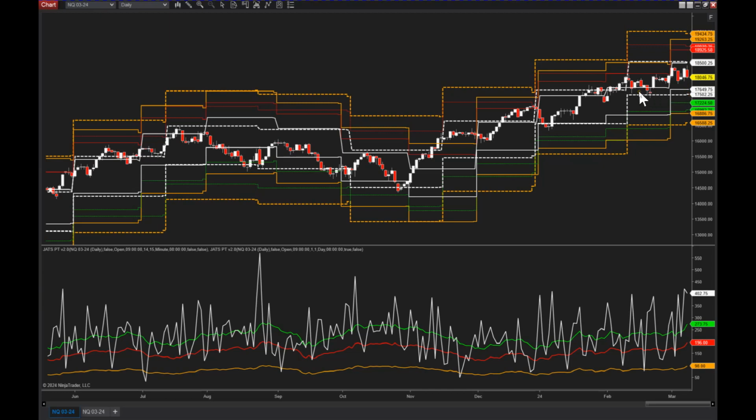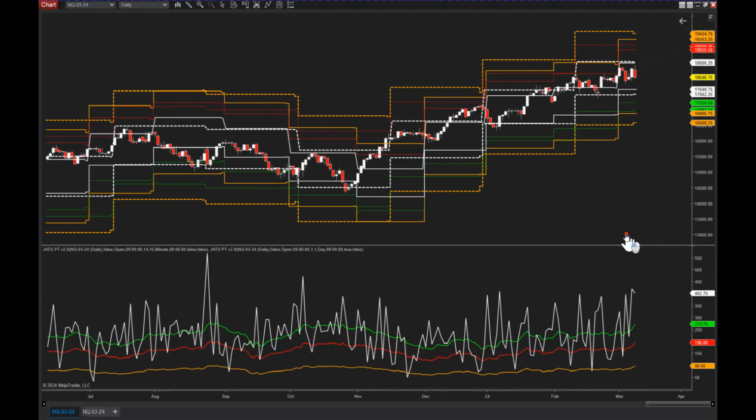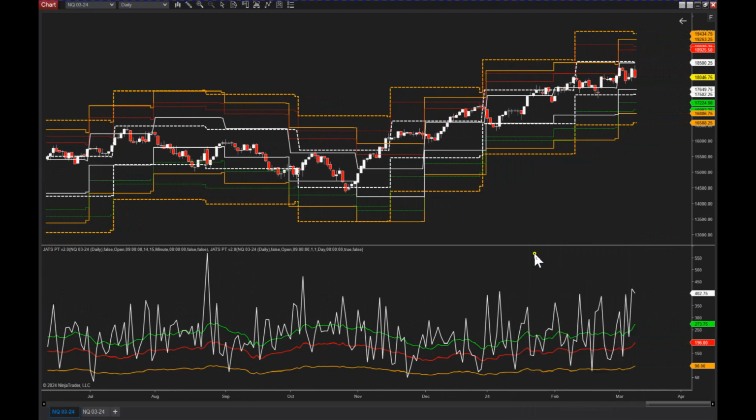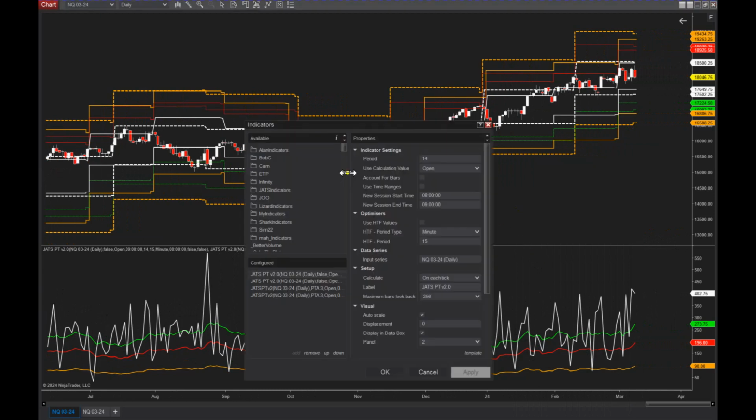So if we break this 17,500, you would expect a pullback. And so you can add other indicators to your chart to give you an approximation of where those dips might be.